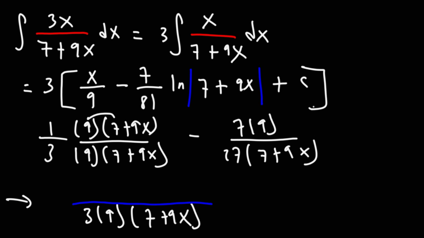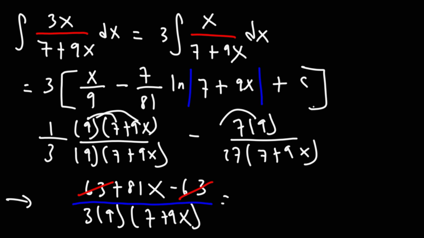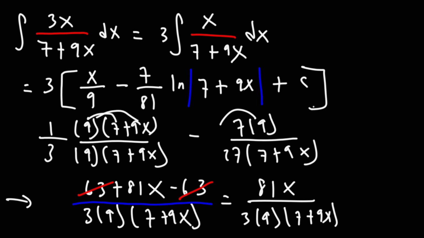So here I'm going to distribute the 9 and 7, that's 63, and then 9 times 9, 81x, and then this is 7 times 9, which is negative 63. And as you can see here, 63 and negative 63 will cancel. So we're left with 81x over 3 times 9 times 7 plus 9x.